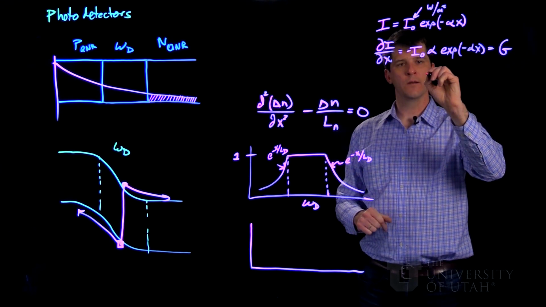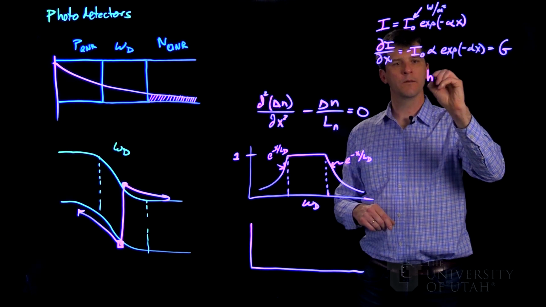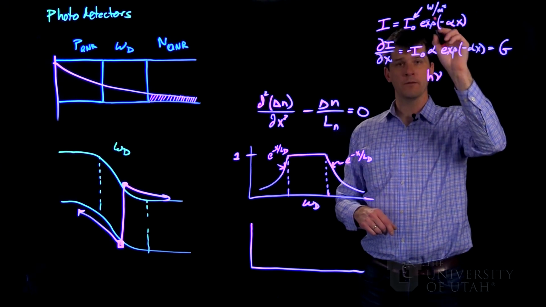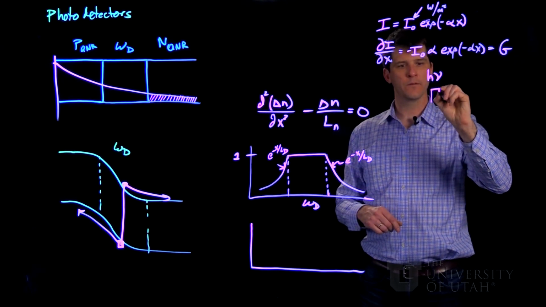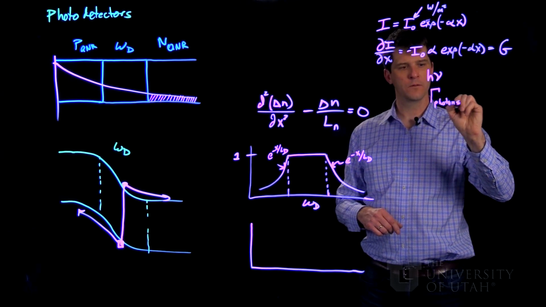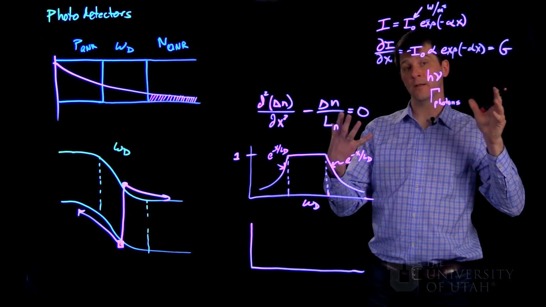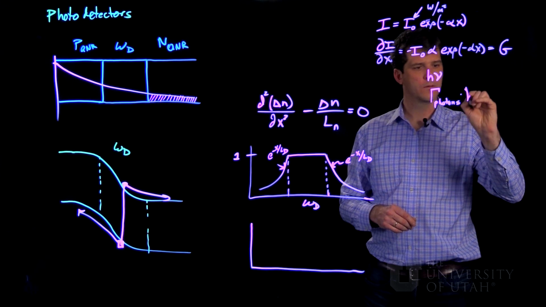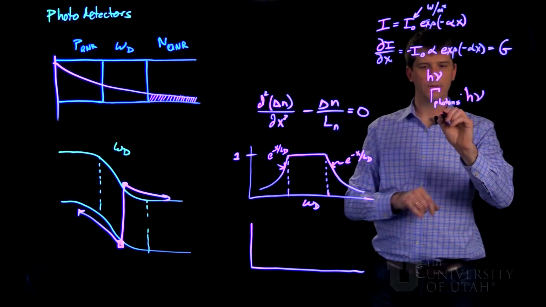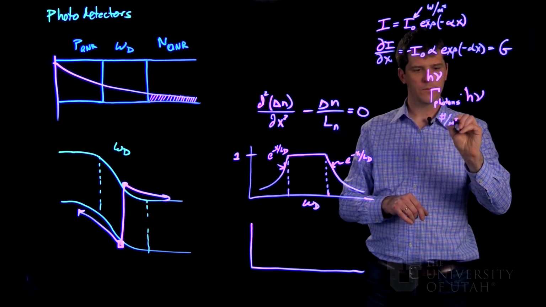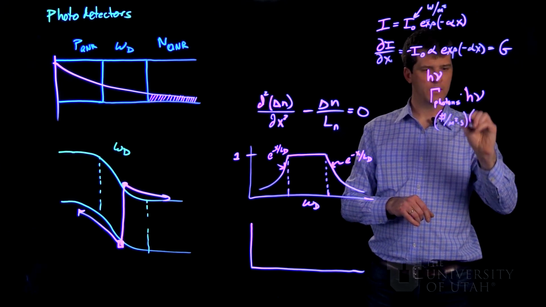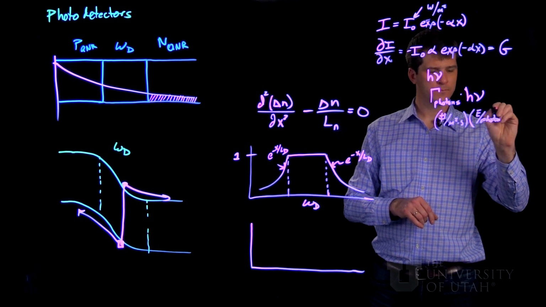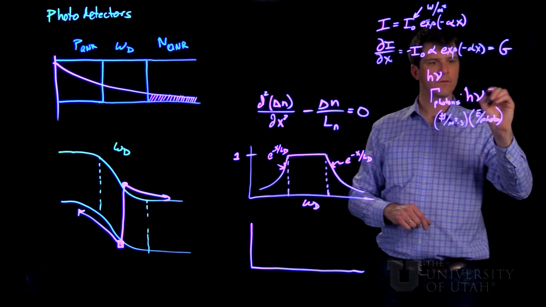So we can remember that each photon has h nu of energy, and convert watts into number of photons by saying that if they were all identical photons, let's say it was a red laser, the number of photons per meter squared per second times the energy per photon gives us the right units.